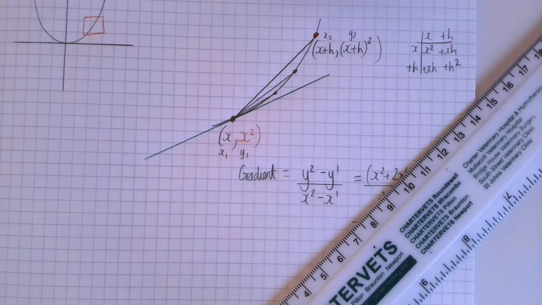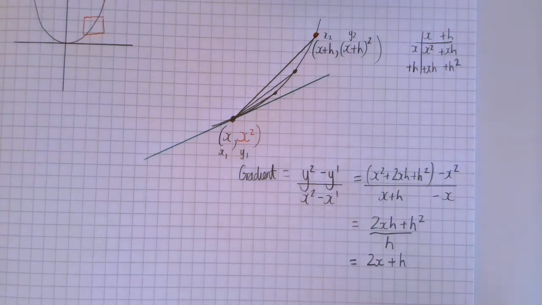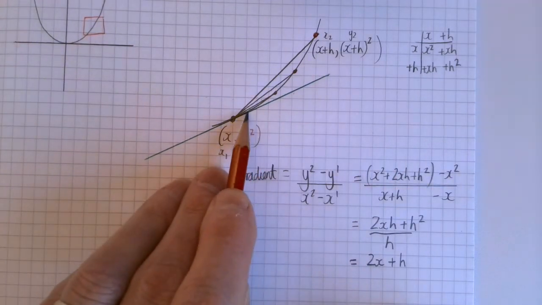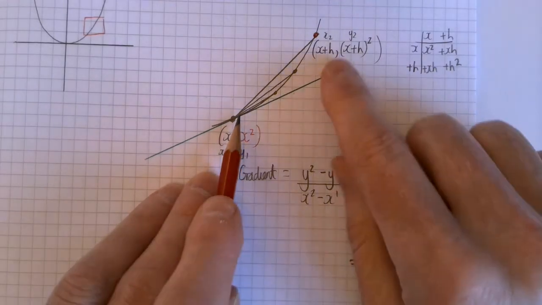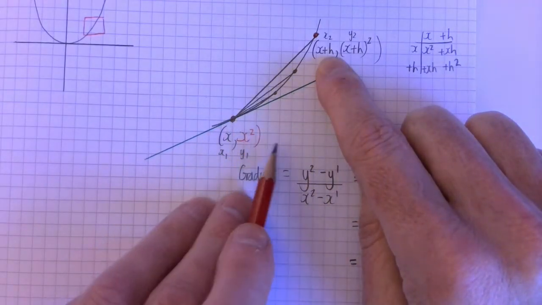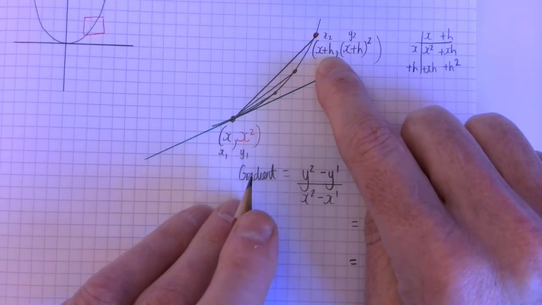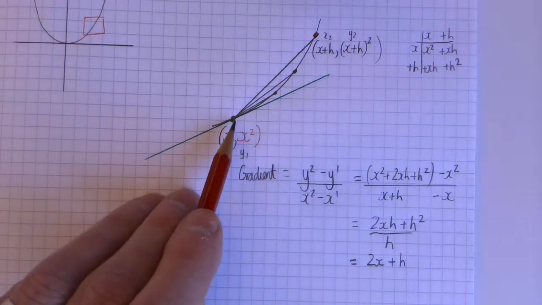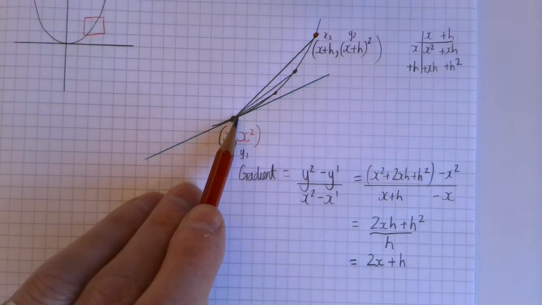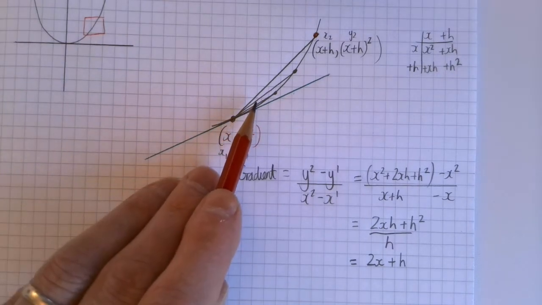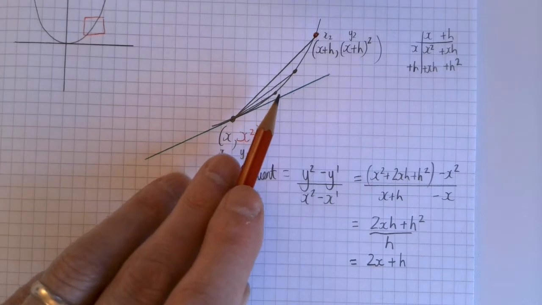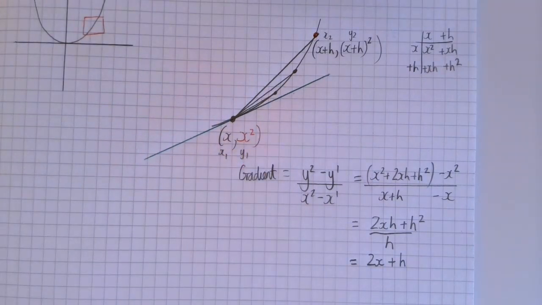And eventually they said, okay, what happens if we make the point so close to the original point? So we're making h, the jump along the x-axis, so tiny that it's barely noticeable. And hopefully you can see that if my second point was so close to my first point that it was barely noticeable, then the chord that you get by joining the 2 points is pretty much identical to the gradient.